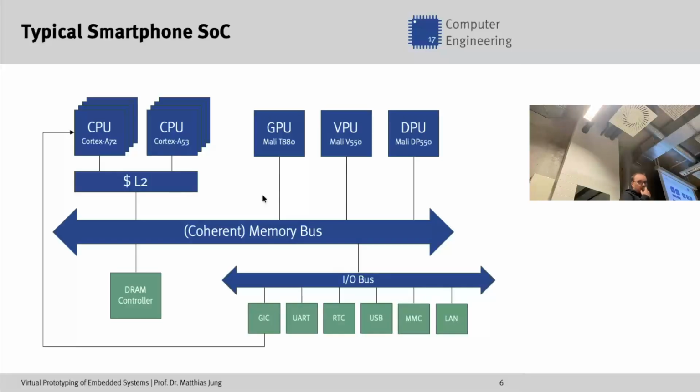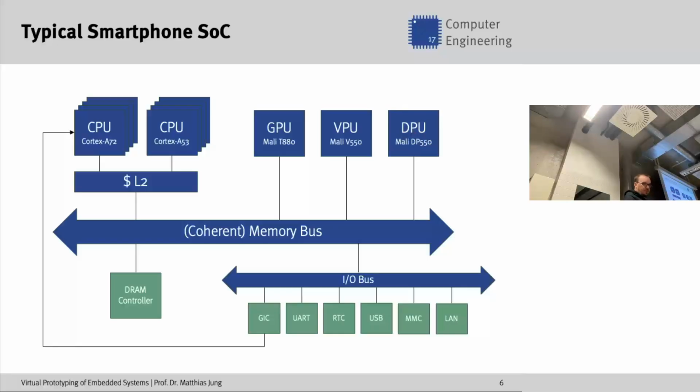When we look at a typical system-on-chip architecture today, also maybe in your smartphone, it would look like this. You have the big cores, you have the small cores, maybe they have a shared cache level, and then there's a coherent memory bus or even a network on chip, and then you have a GPU connected, maybe another video processing accelerator, or maybe also an accelerator for neural network or something like that.